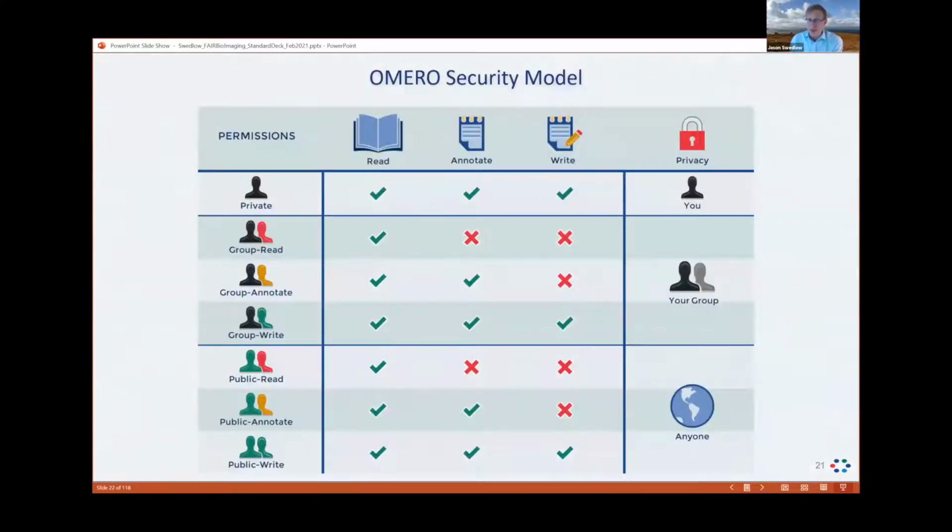So the reason that we can do this is OMERO has a database inside it, and databases do lots of things, but one of the things that databases do is control access. They decide if you can access the data that you want to access and if you can access anybody else's data. Now, a simple example of that is your bank account, or maybe when we used to travel, maybe your online airline reservation system.